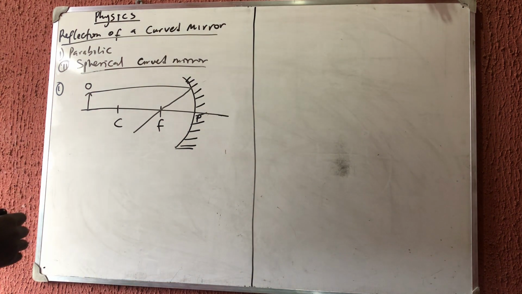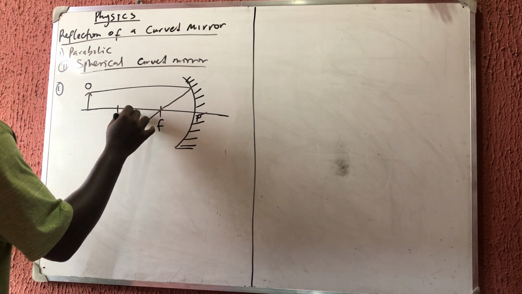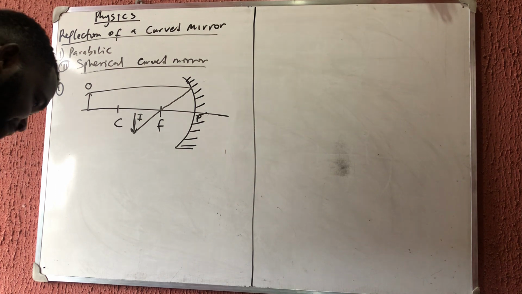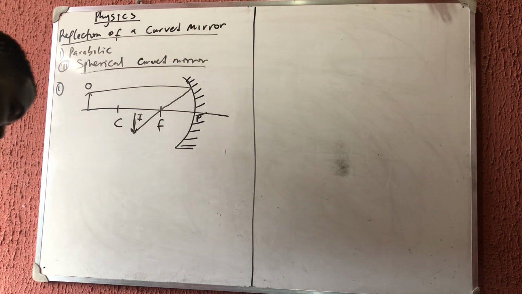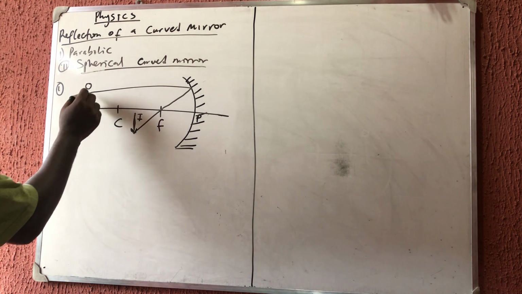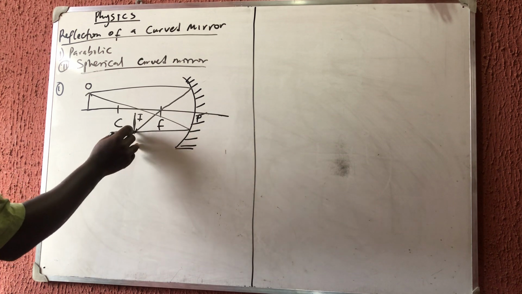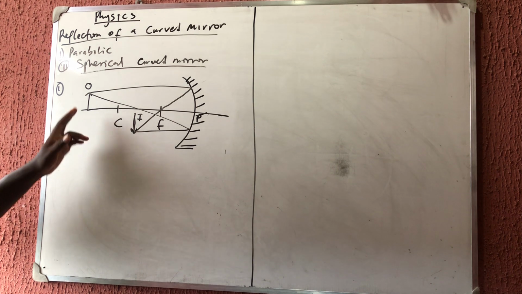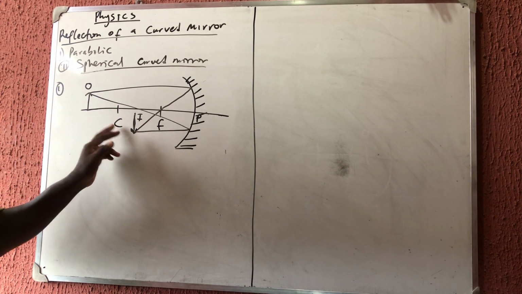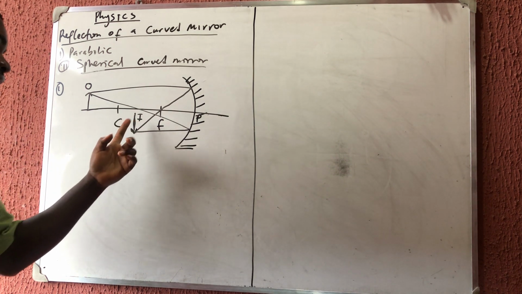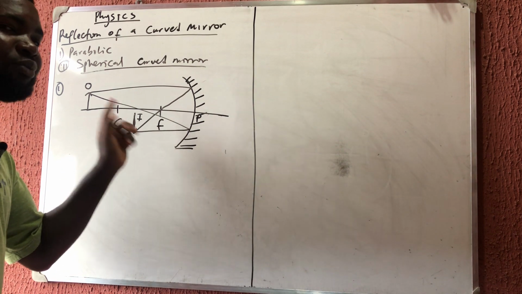I know that the image is going to form here, between the C and your F. Anyhow you draw it, just know that whenever an object is placed beyond, please note this is very, very important, beyond your curvature, then the image is going to form between your C and F. That's the most important thing you should note.